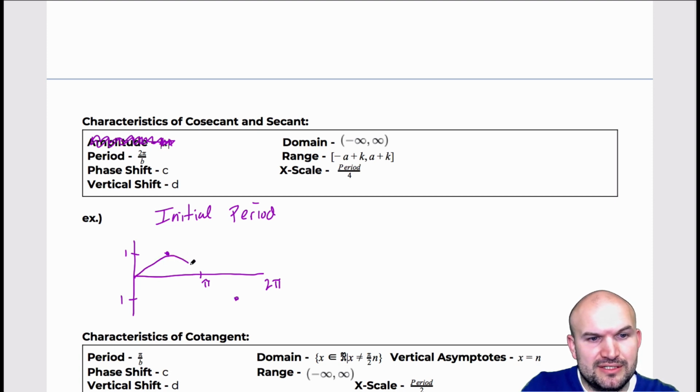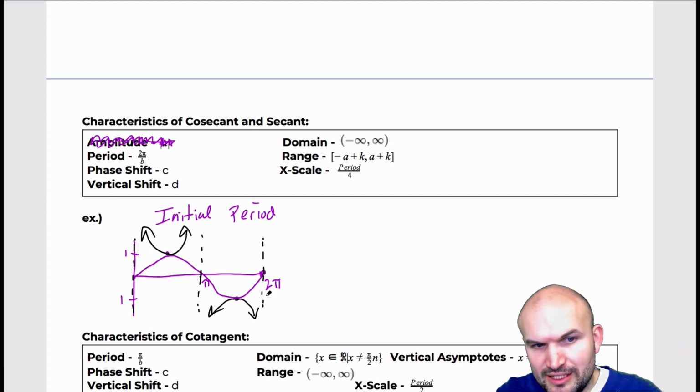Here's the sine graph. Then the cosecant graph is going to have a vertical asymptote here, here, and here. And then we're just going to have some reflecting arrows there.